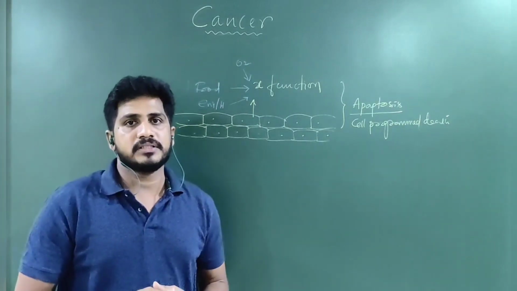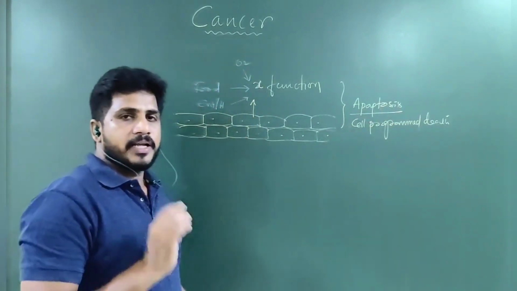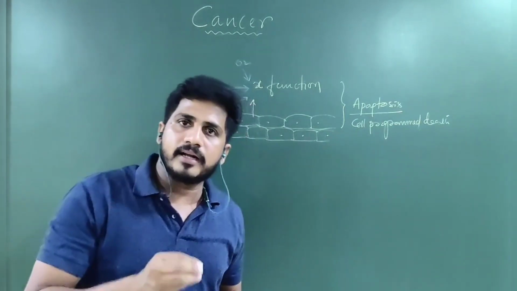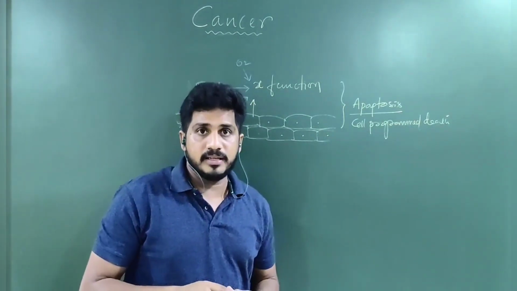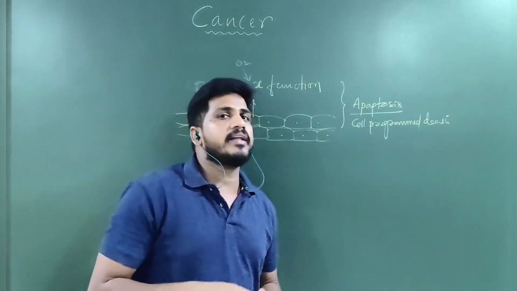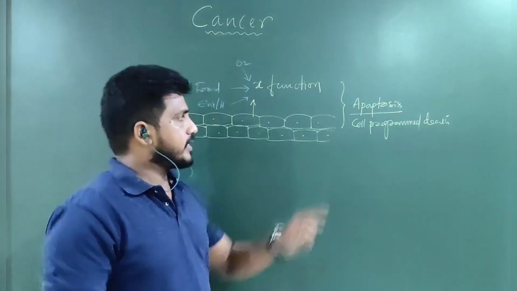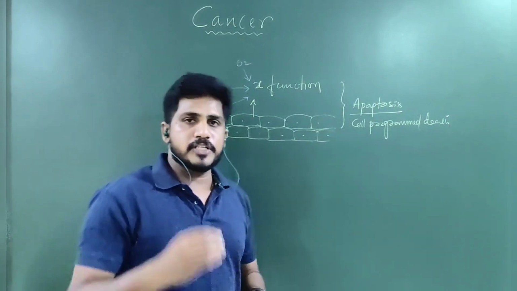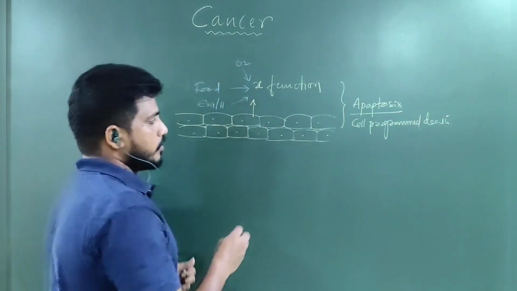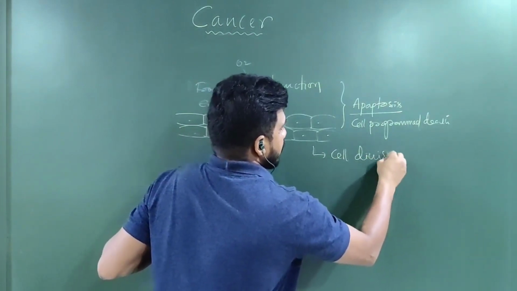Why does it have to be replaced? That is called cell programmed death. I am telling you very clearly, cell programmed death is a very common character of any cell of our body, except neurons. Neurons, once they die, cannot regenerate. But every other cell has the power of regeneration. Apoptosis means cell death, and later it is replaced by cell division. That is what is called cell division capacity.